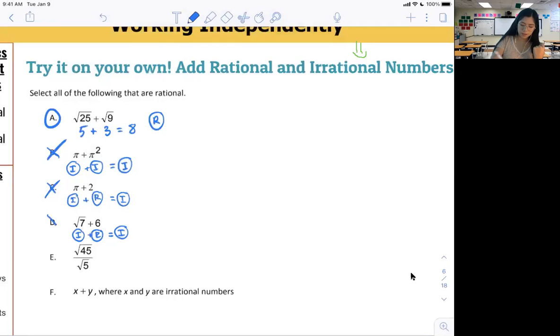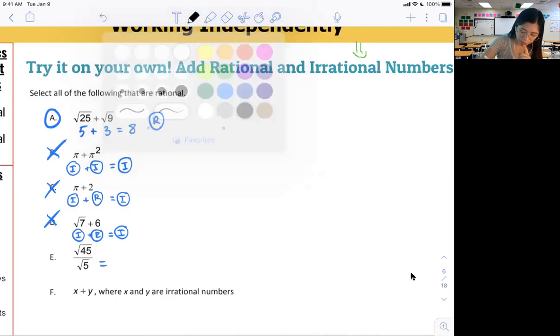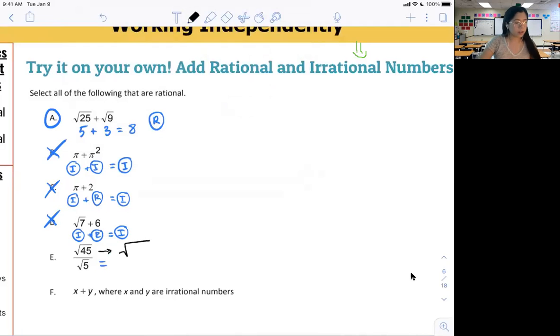Good job. Okay. Here's an interesting one. The square root of 45 over the square root of 5. We haven't talked about division yet, have we? Because this is technically dividing. So for this one, let me rewrite it, see if it makes it a little bit easier to understand. 45 is 9 times 5.